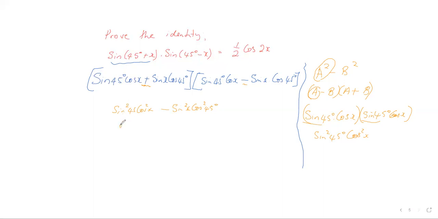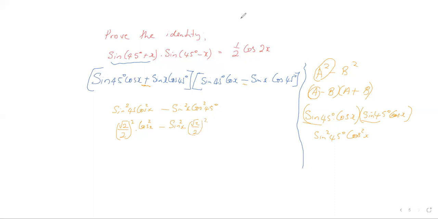Now, let's see what happens here. This is root 2/2 squared multiplied by cos squared x minus sine squared x. And then this is root 2/2 squared.